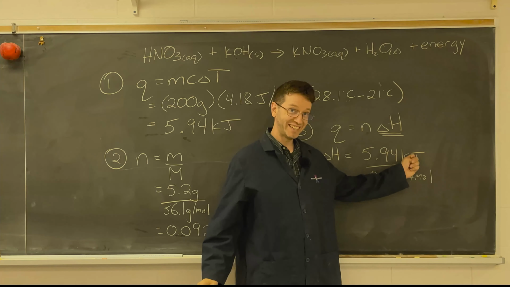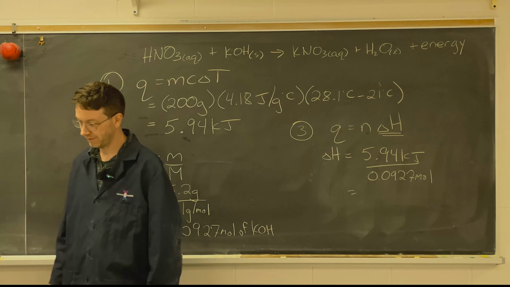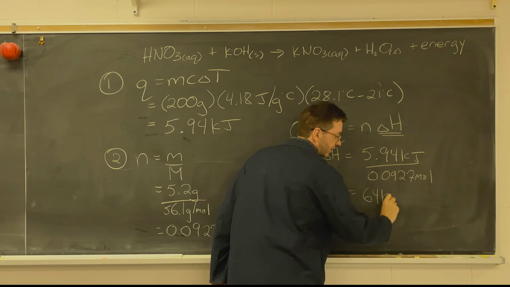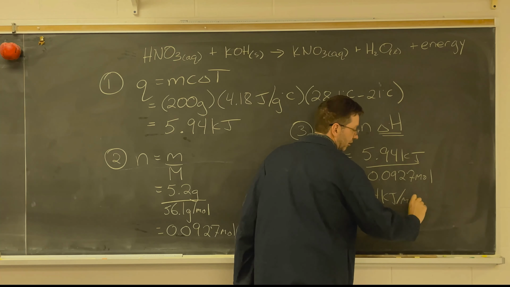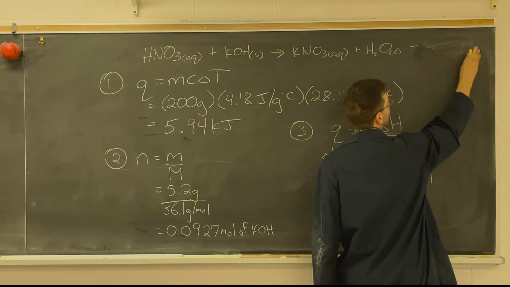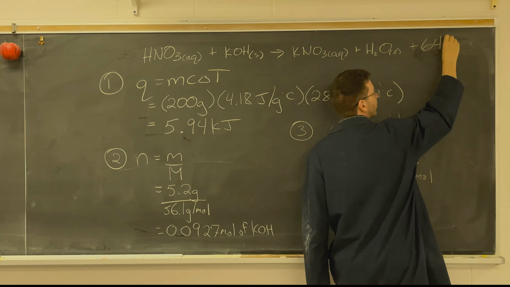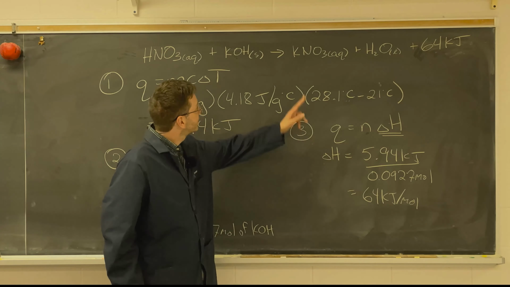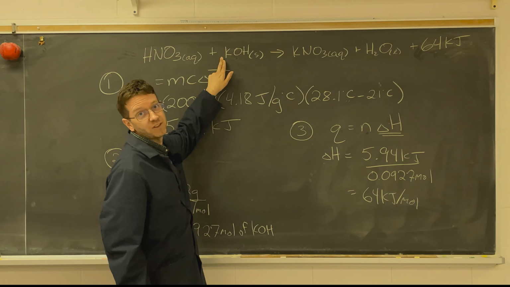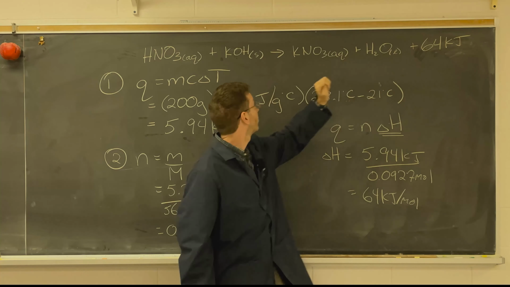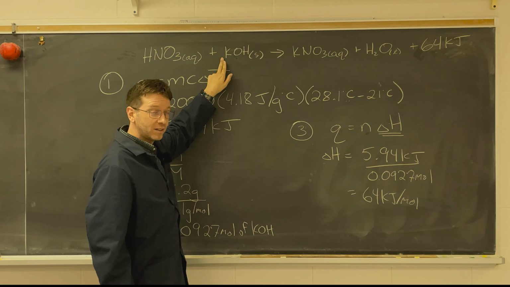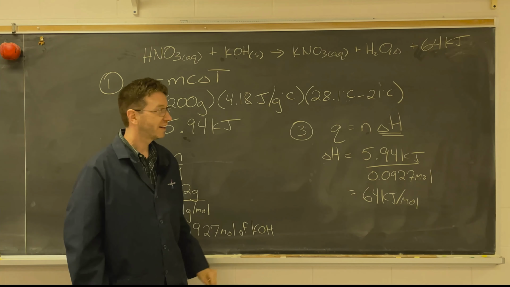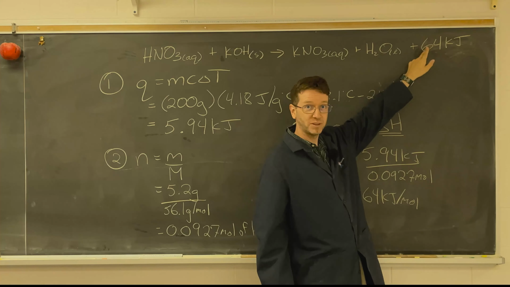Notice our units are now in kilojoules per mole, and we get 64 kilojoules per mole. So let's replace this with 64 kilojoules. And I don't have to write per mole up there because you can see that the coefficient is 1. So that is per mole. Okay, if this coefficient were different, I would have to adjust. Right? If this were a 2, I would need to double that.